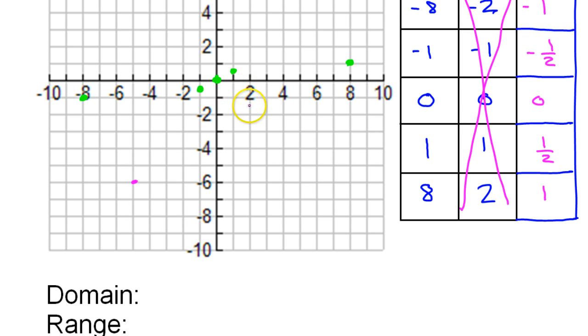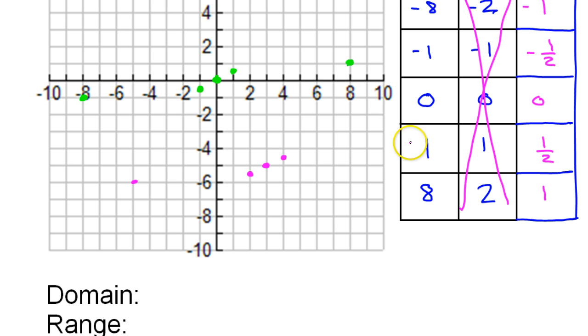3 to the right. 1, 2, 3, 4, 5. Okay, this is going to be a little bit off the charts, but that's okay. 1, 2, 3, 4.